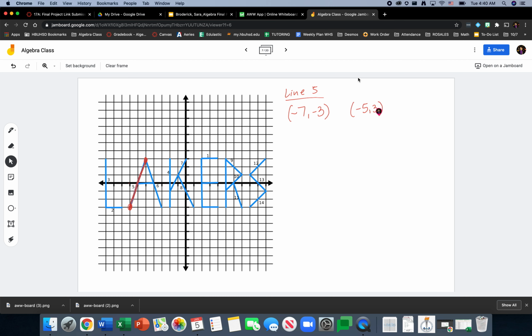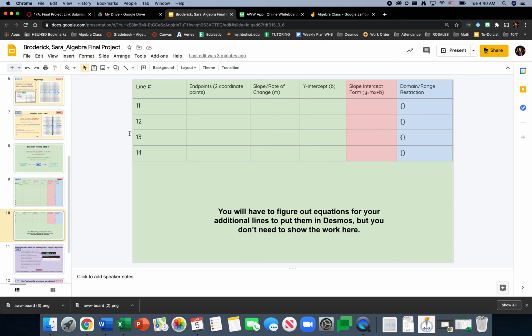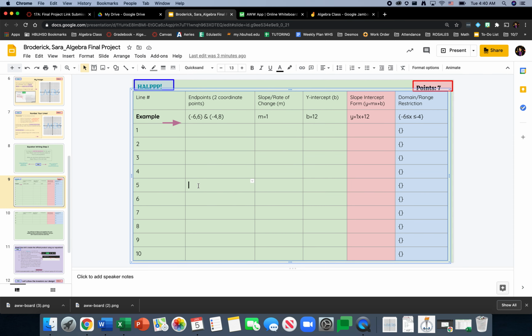Those are my end points. So I'm going to write them down in my notebook, and I'm also going to put them here. I'm going to do both at the same time just because I think it's clearer to show you, but it might be easier for you to do it all at once in your notebook and then transfer it here. So those are my endpoints.